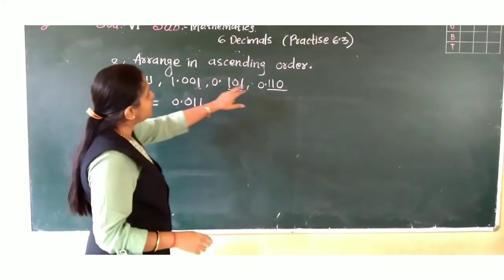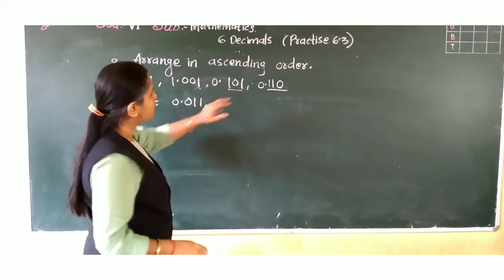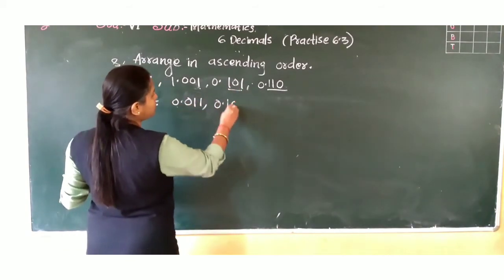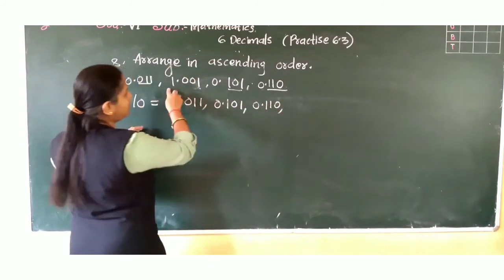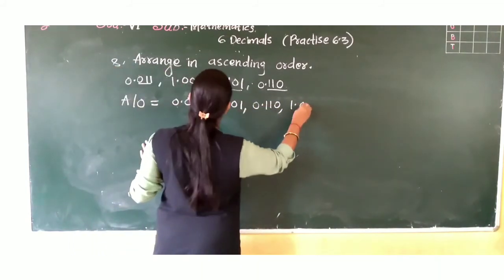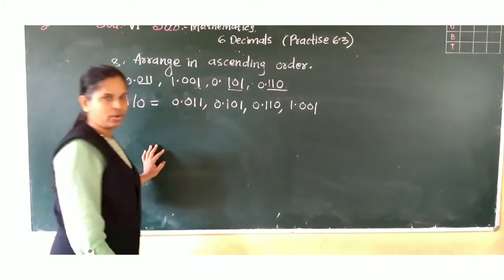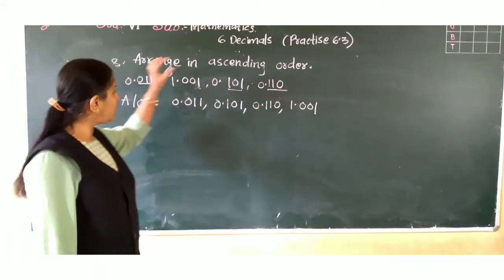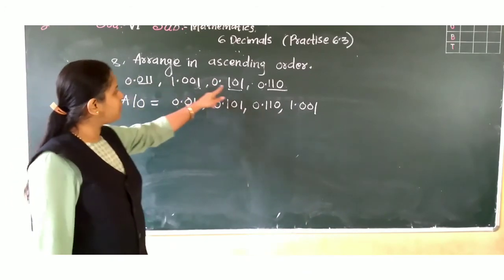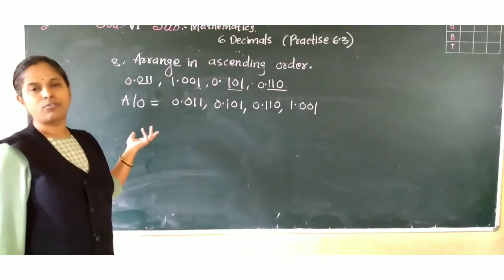Between these two, who is smaller? 101 is smaller. So 0.101. Then who will come? This. And then at the end 1.001. This is the ascending order. Followed? First compare the whole part. Then go on comparing. Now here 3 digits were there, so very easy for us to compare.